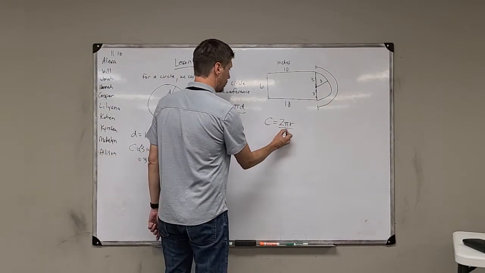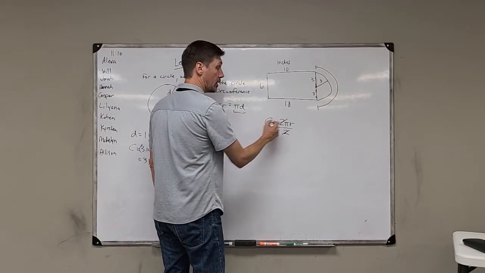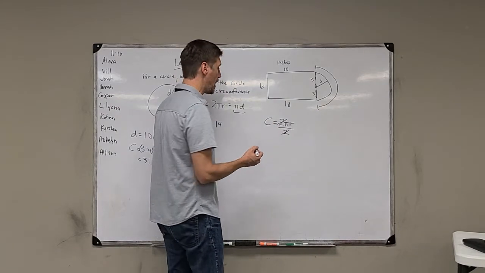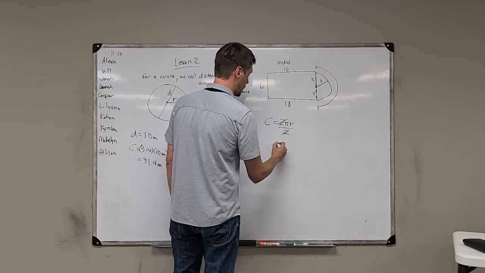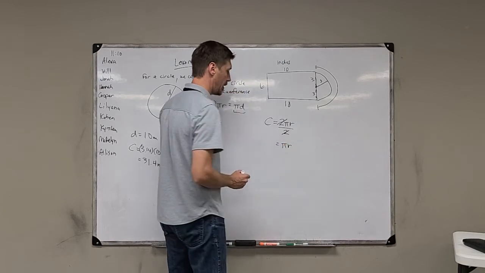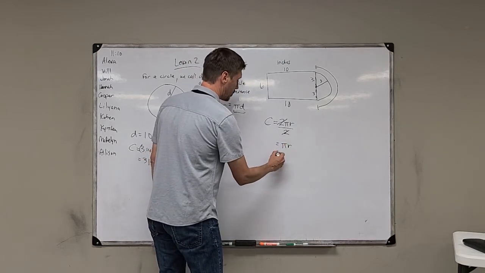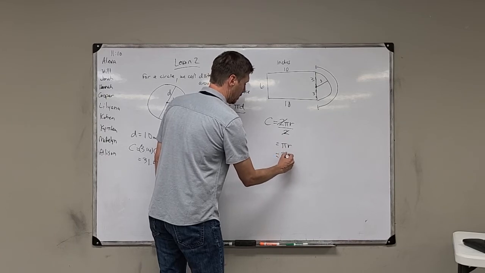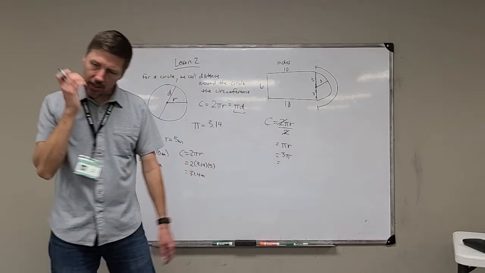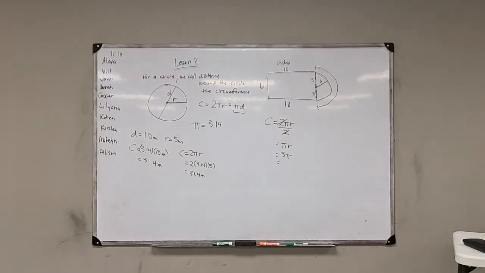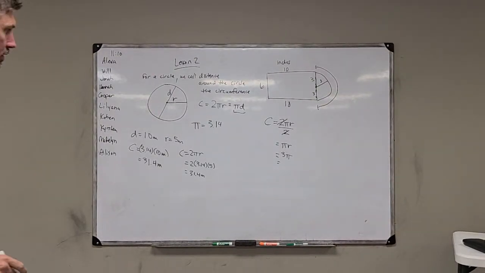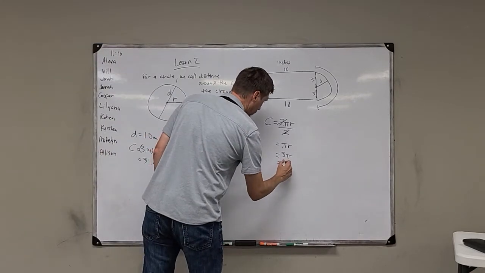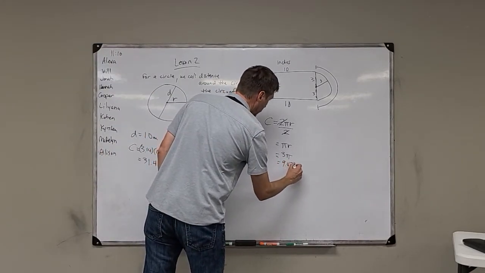Look at what happens as soon as I do that. My 2's cancel out. So the half circumference that I'm looking for is actually going to just be pi r, right? So pi times 3, I could write that as 3 pi. And if I want to get a decimal answer for it, now I don't know if that's what they did in the book. I'm guessing they did. Yeah, 9.42. Right, 9.42 inches would be that length.